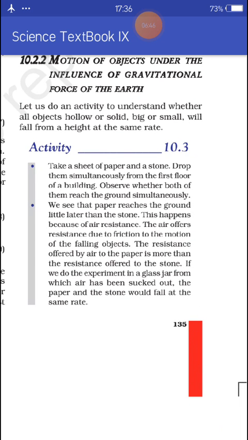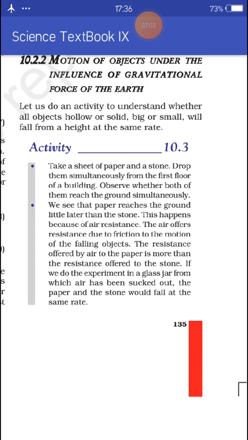Activity 10.3. Take a sheet of paper and a stone. Drop them simultaneously from the first floor of a building. Observe whether both of them reach the ground simultaneously.